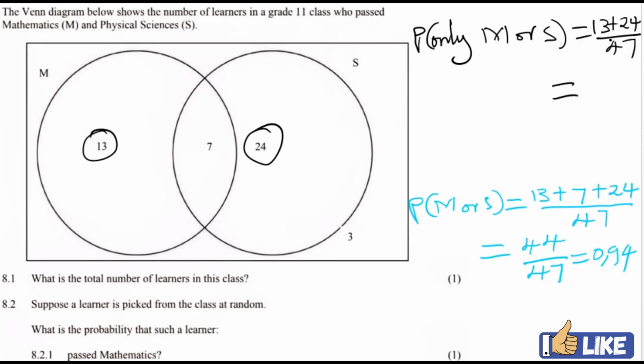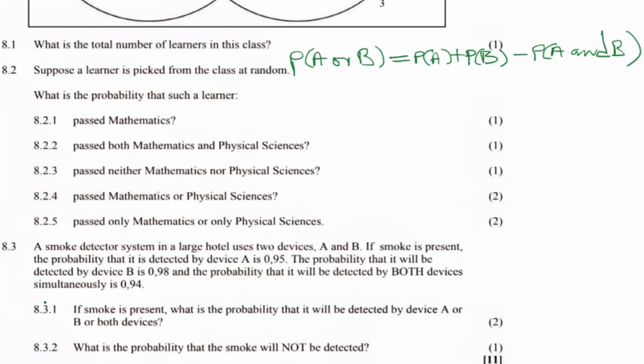Thirteen plus 24 gives us 37 over 47. In decimal, it gives us 0.79.